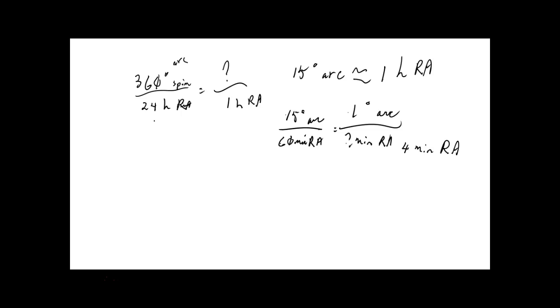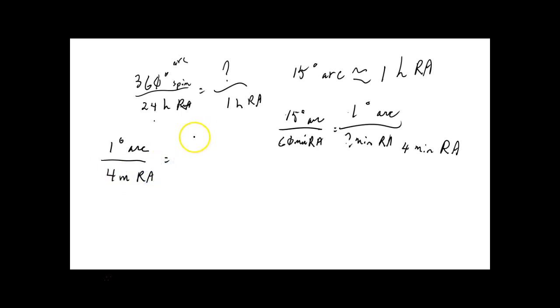Okay. The next question, though, is how many minutes of arc are equivalent to 1 minute of right ascension? We know from this that 1 degree of arc is equivalent to 4 minutes of right ascension.